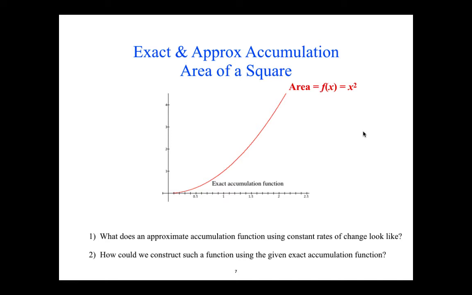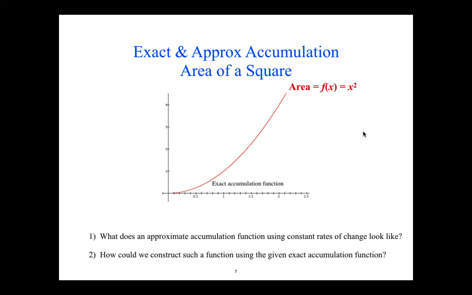Would it be a whole bunch of horizontal line segments? Would it be like a bunch of dots? What did the approximate accumulations look like, like the result of using the summation with relatively large delta x's? Remember, those were those kind of chunky corner functions, the piecewise linear.